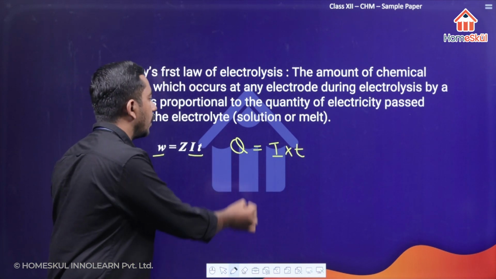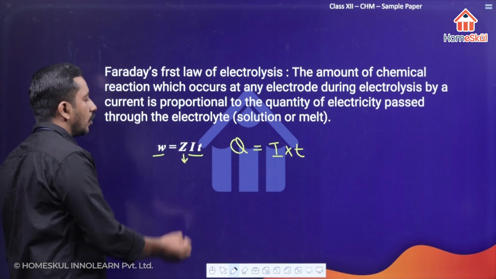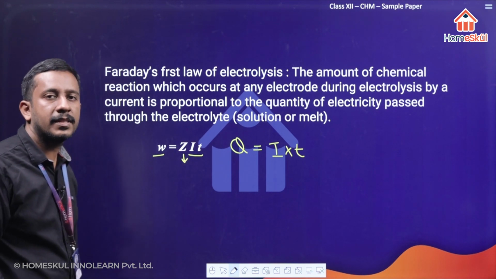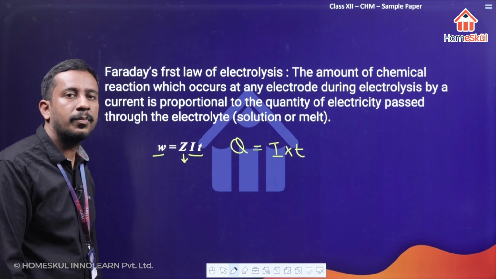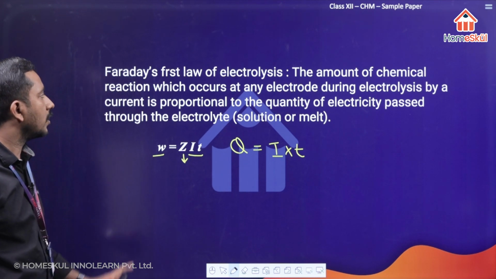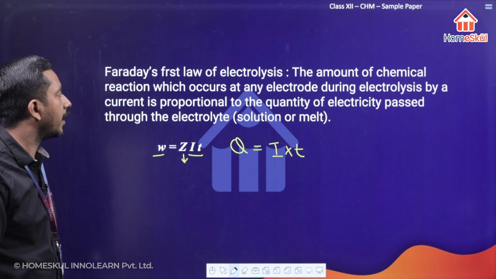So the product of these two will give you the total charge, and Z here is called the electrochemical equivalent. That is the amount of substance that is deposited for 1 ampere current when it is passed for a period of 1 second. Right? So this is the first law of electrolysis that was proposed by Michael Faraday.